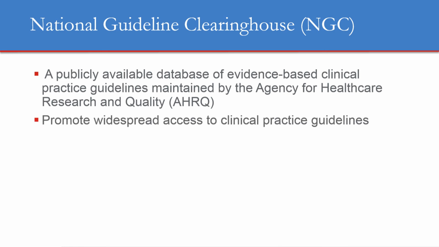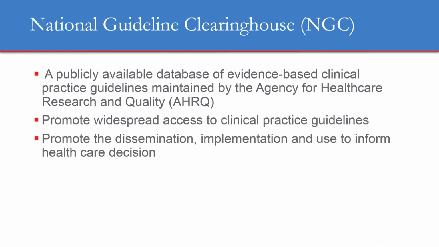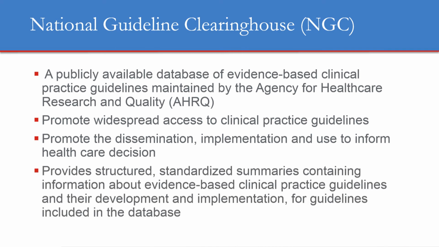Its essence is to promote widespread access to clinical practice guidelines and promote their dissemination, implementation, and use to inform healthcare decisions. The National Guideline Clearinghouse also provides structured, standardized summaries containing information about the guidelines included in its database.